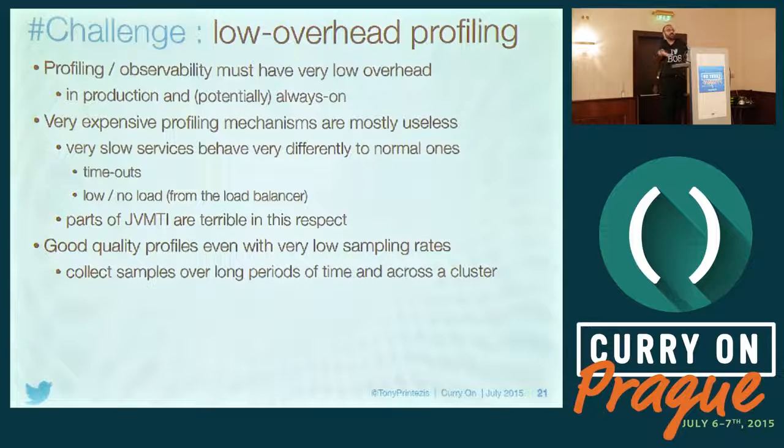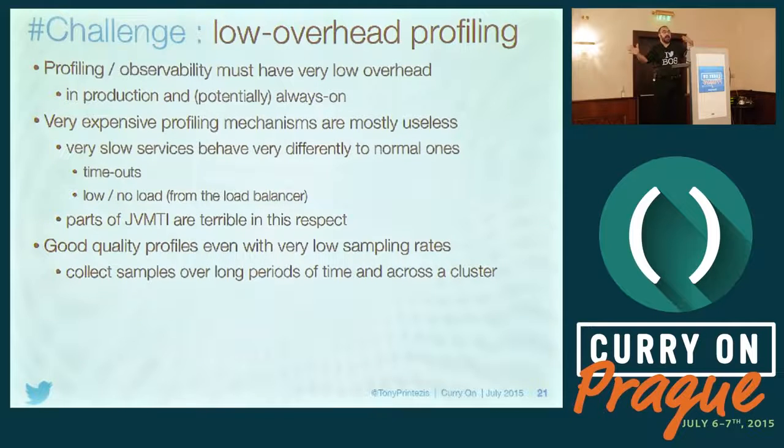The scale at a place like Twitter and other companies as well will really help here, I think. We haven't taken advantage of that so much, but it's something I would like to get into more. You can have something that samples at a very low rate, but if you run for a month over hundreds of JVMs, I'm sure you're going to get a pretty good profile, right?